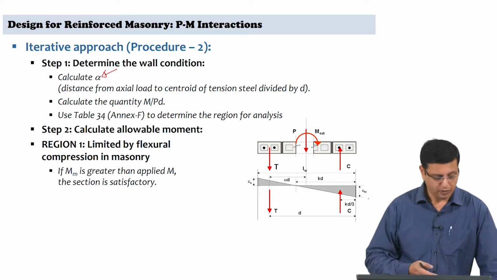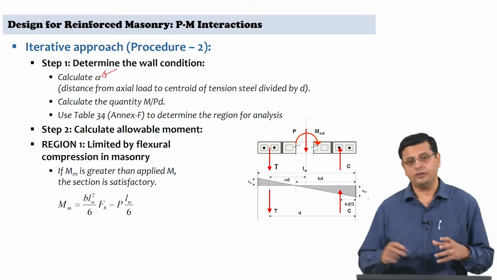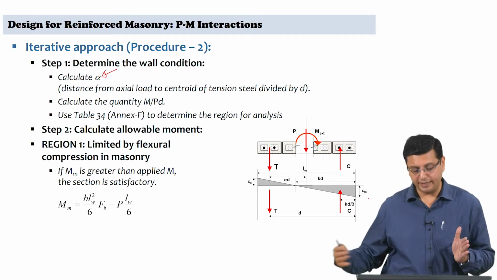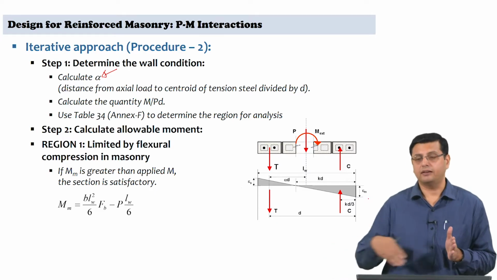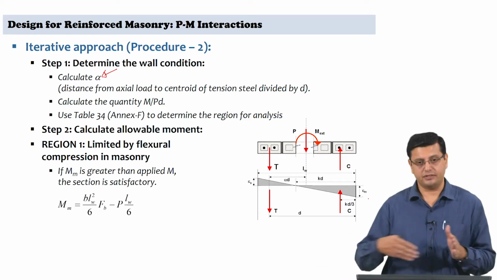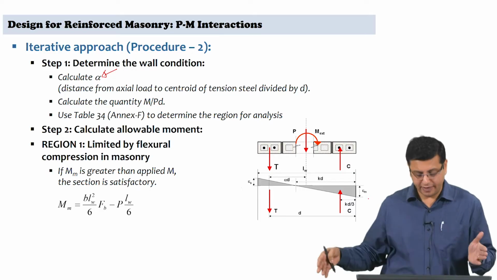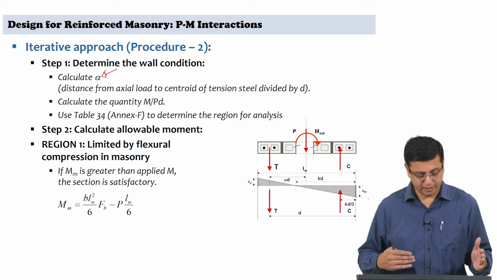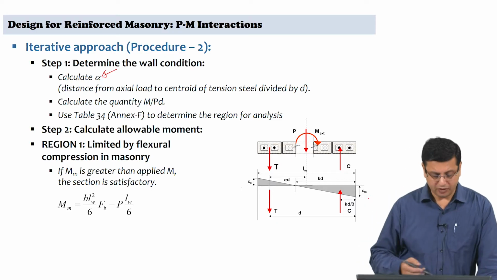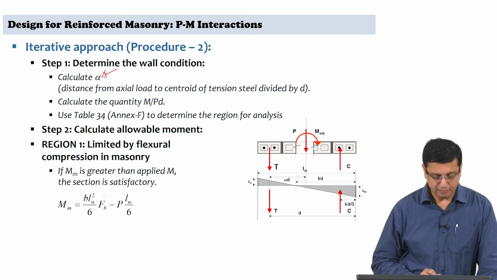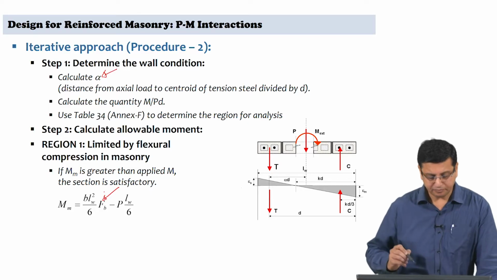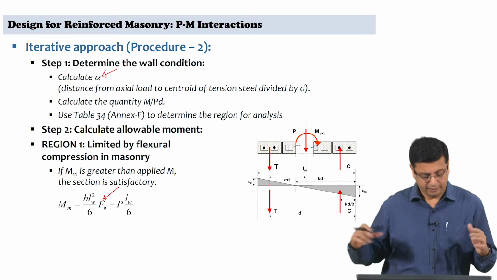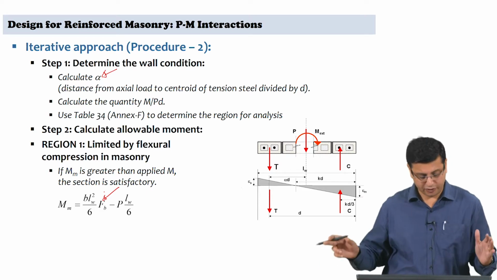So you make an estimate of the maximum moment that the wall cross section can carry. You have a triangular distribution of stresses. The whole wall is in compression, but you have a strain gradient. You make an estimate of the maximum moment that the wall can carry based on the limiting permissible compressive stress considering flexural compression.